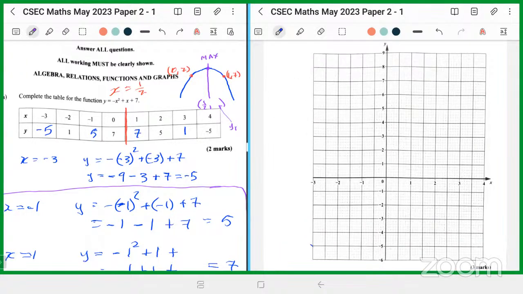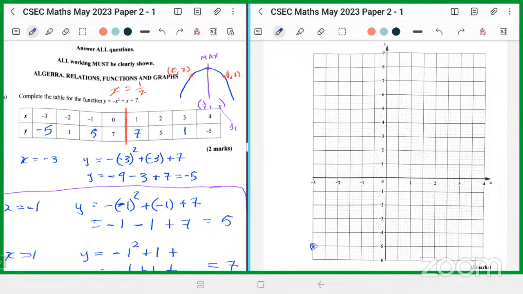I want to make sure you all understand and agree that this point is (-3, -5). Are you okay with that? Somebody open the mic and let me know, please.